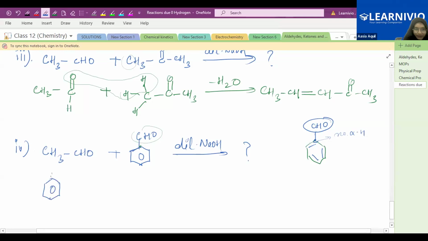So you can write C, H and double bond oxygen, plus this CHO with the carbon which has three hydrogens. Again, this is not for all cases; you have to analyze the question.